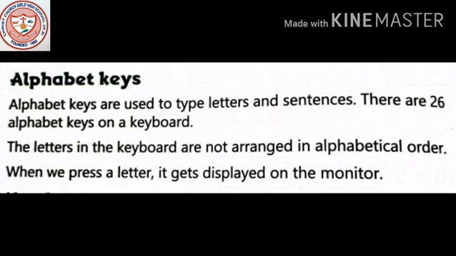If I press T, I'll get to see T, and so on. So alphabet keys are used to type letters and sentences. There are 26 alphabet keys on a keyboard. The letters are not arranged in alphabetical order. When we press a letter, it gets displayed on the monitor screen.